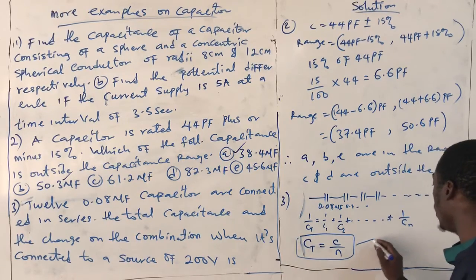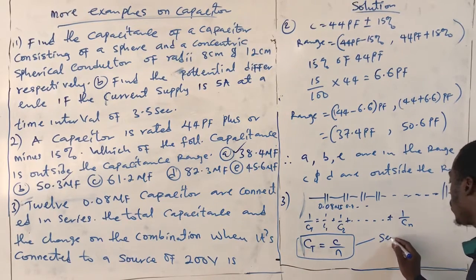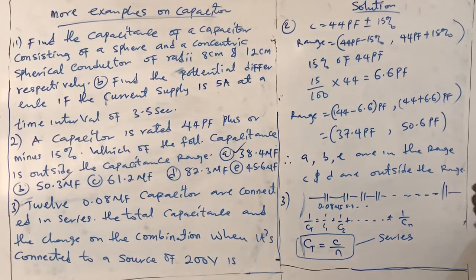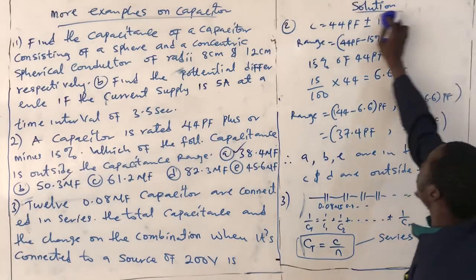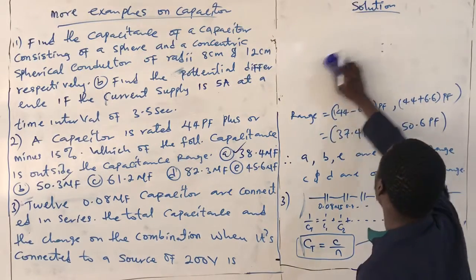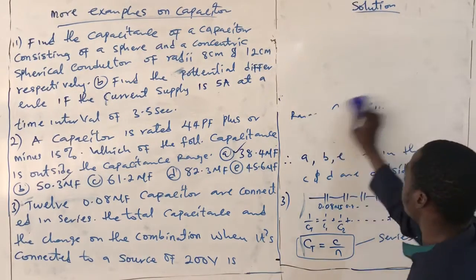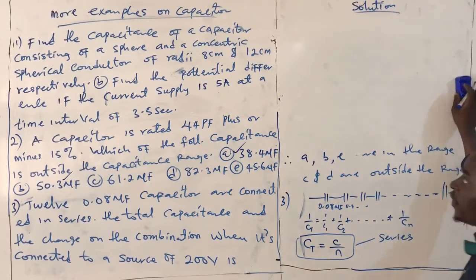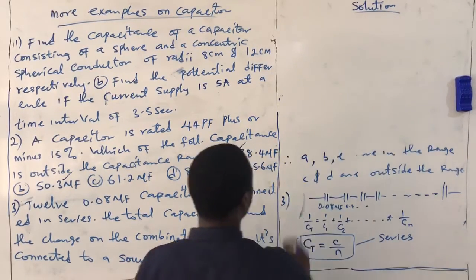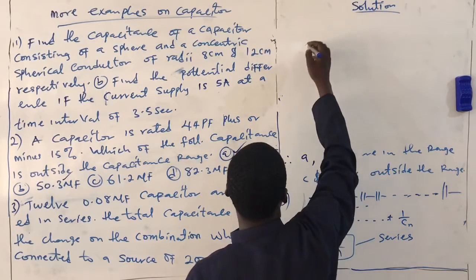This formula is to find for series. Let's say we also have a different arrangement of capacitors in parallel. Let's say we have something like this.